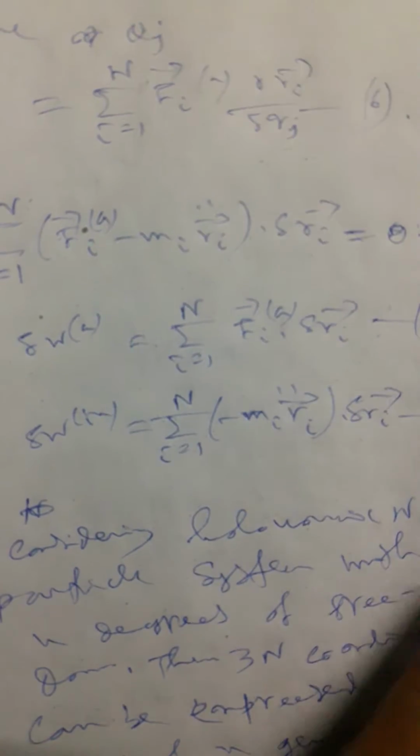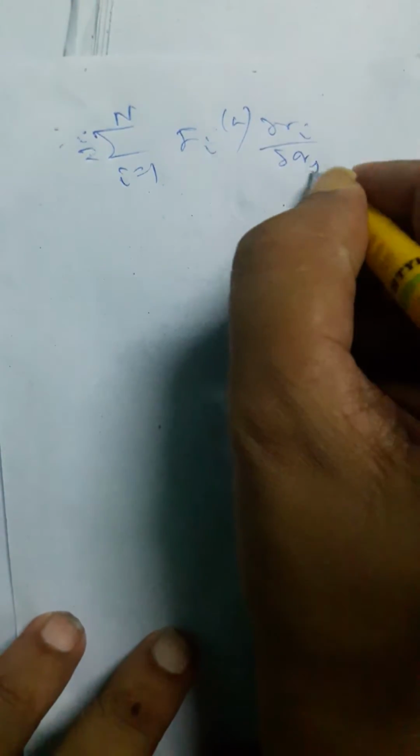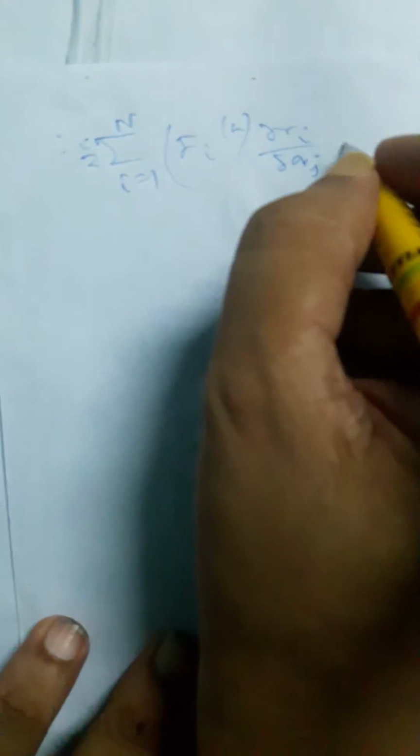In this way we find the sum of i equals 1 up to n of Fi^a, applied forces, dot del ri del qj, and taking the summation over j equals 1 to small n, times del qj.